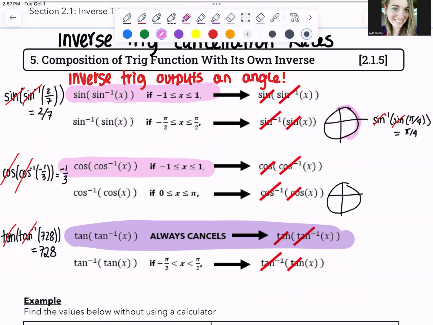Cosine inverse's range is between 0 and pi. So as long as we take something between 0 and pi, we could do cosine inverse of cosine of 2 pi over 3. These cosines will cancel. You'll be left with just 2 pi over 3.